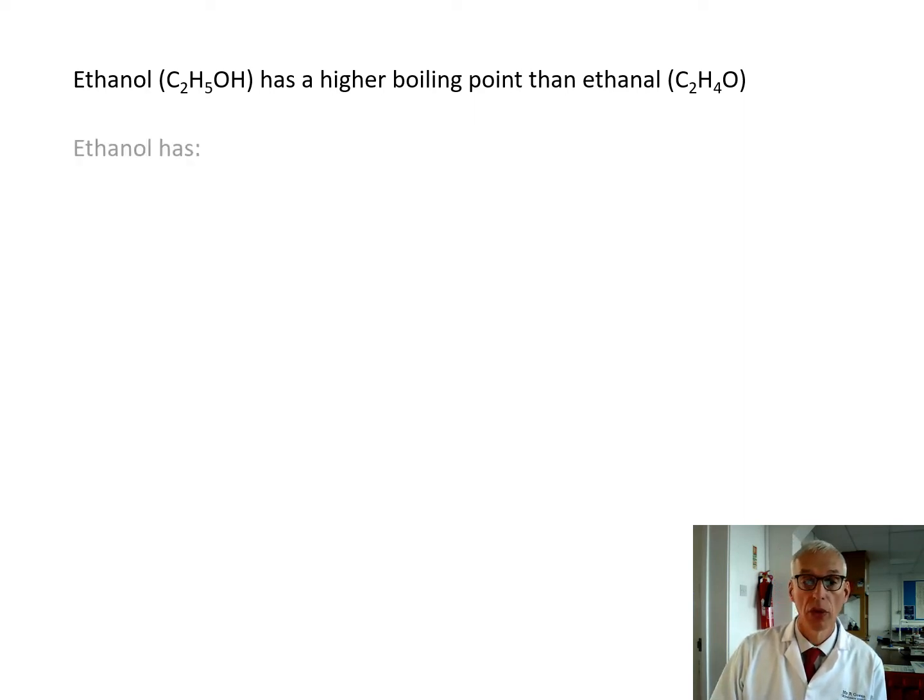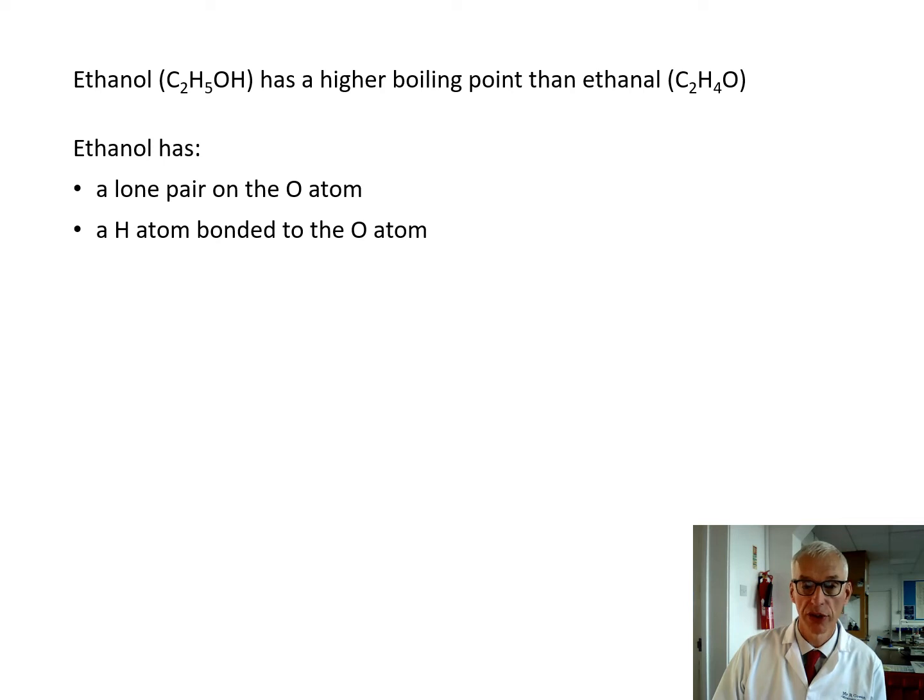So, ethanol has a lone pair on the oxygen atom, has a hydrogen bonded to the oxygen atom, and therefore if I draw out the molecule, you can see that we've got the special circumstances in which hydrogen bonding can occur.